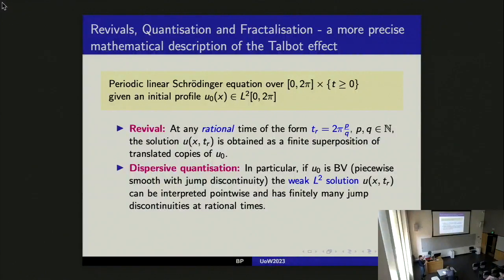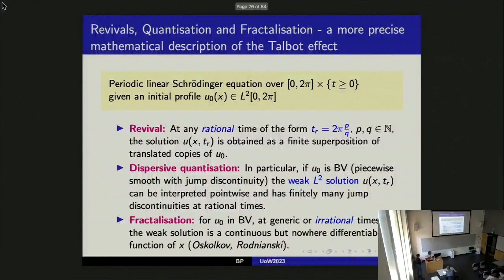That's what was known as the Talbot effect. And at any other time, but if u0 is in BV only, if you start with an initial condition with a jump, the solution is continuous, but nowhere differentiable, and you can actually compute, not just in one dimension, also in several dimensions, in boxes, say in Rn, the fractal dimension of the graph.